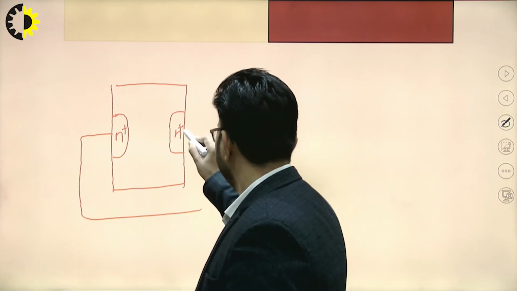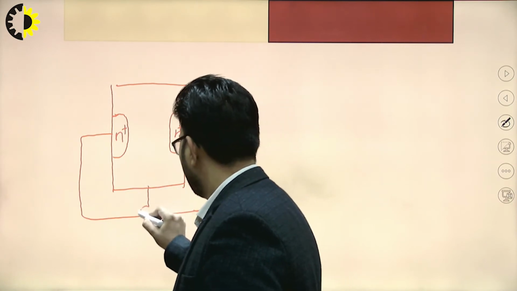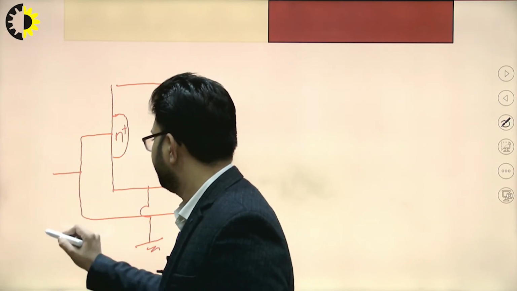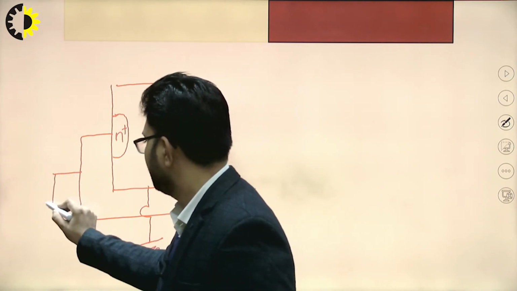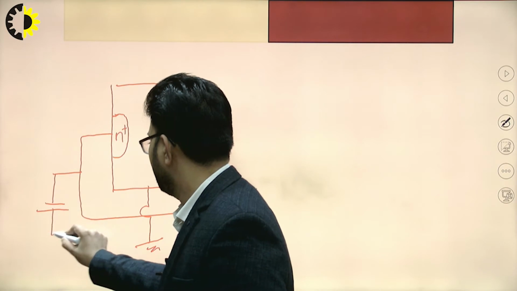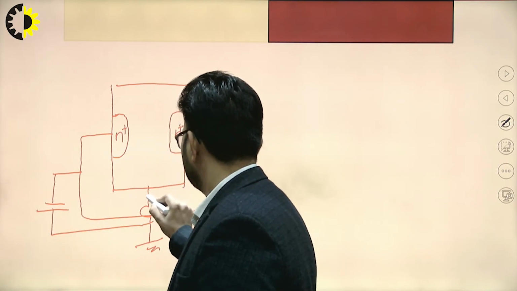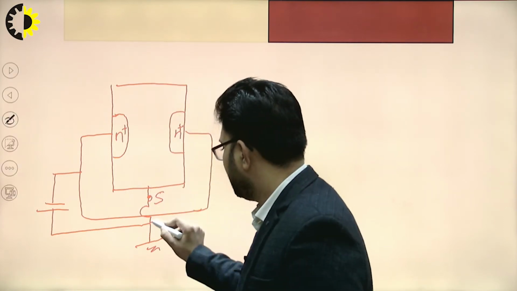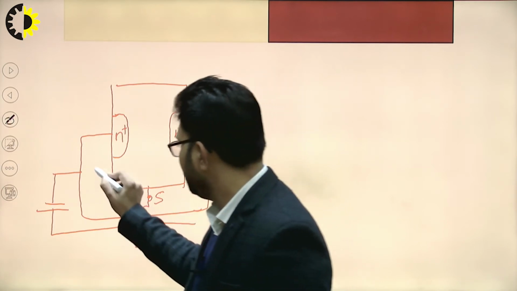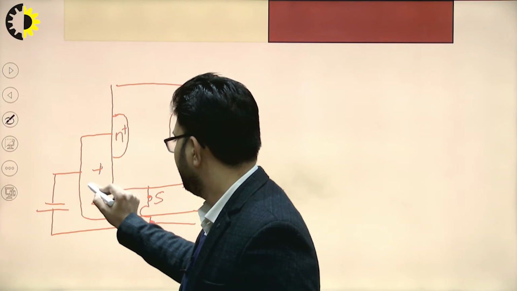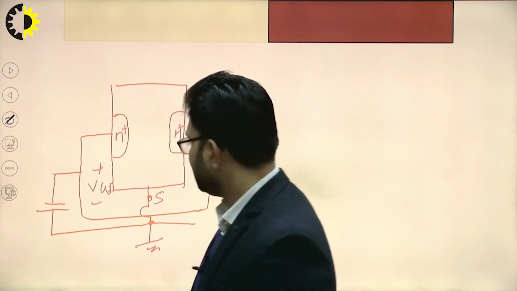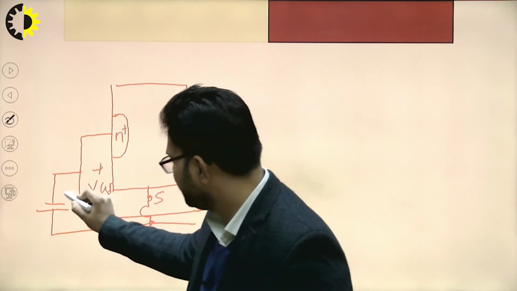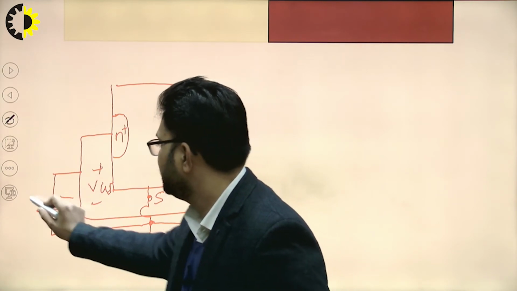This is basically the gate. This is the source. And this one is connected. This voltage is said to be VGS. I am denoting this by plus minus VGS, although here the negative terminal is applied, that is, VGG is negative.